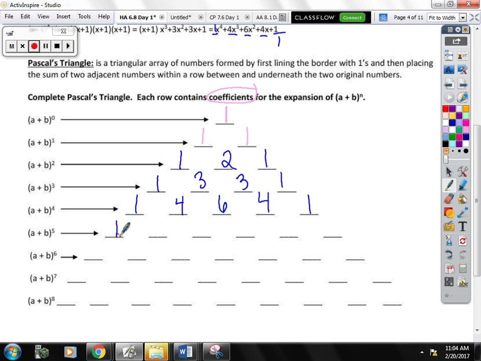Yes, so a lot of people can come up with this part, 1 and 5. We can see that the outside border is always 1s on both sides. A lot of students will notice this because the row is like diagonal, 1, 2, 3, 4, 5. Also, this is pretty much always matching up with our exponent, so this would be 5 and 1.